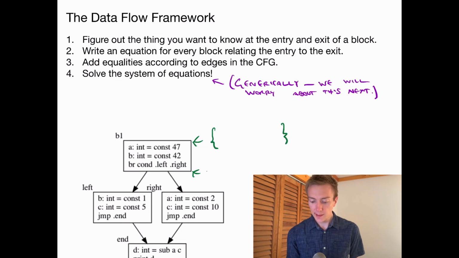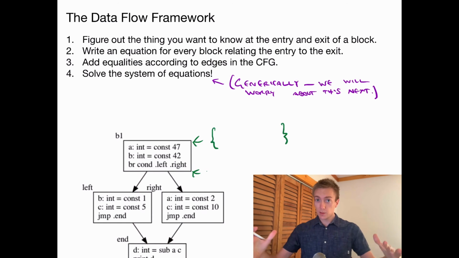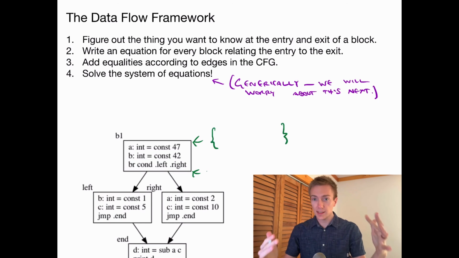Finally, we will take that system of equations, a bunch of equations that relate the beginning to the ending of each basic block, and a bunch of equalities that capture the edges in the control flow graph, and we will hand that over the wall to an off-the-shelf solver that will tell us the answer, that is the value at every basic block entry and exit.